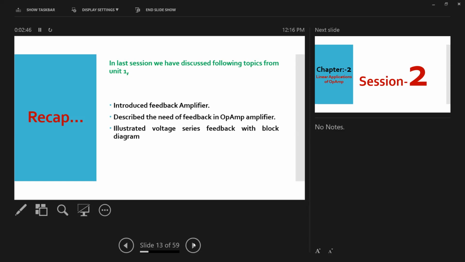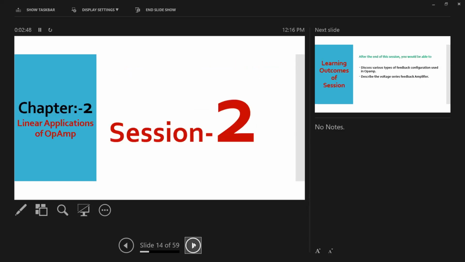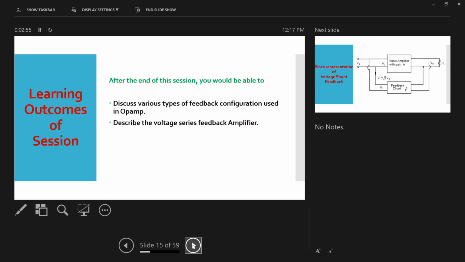Now, in our today's session number 2 of the chapter 2, that is the linear application of op-amp, what will be your learning outcome? In our today's session, we'll first complete the discussion about all the remaining 3 types of feedbacks. That is voltage shunt feedback, current series feedback, and current shunt feedback.